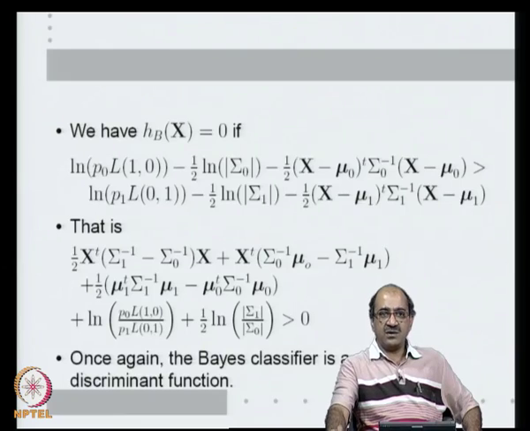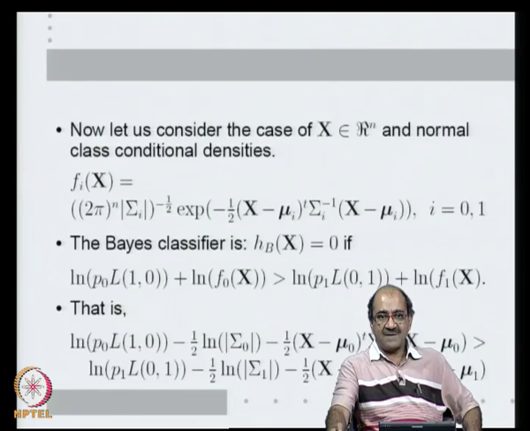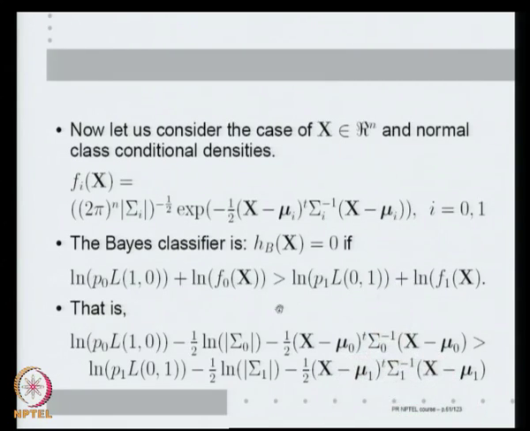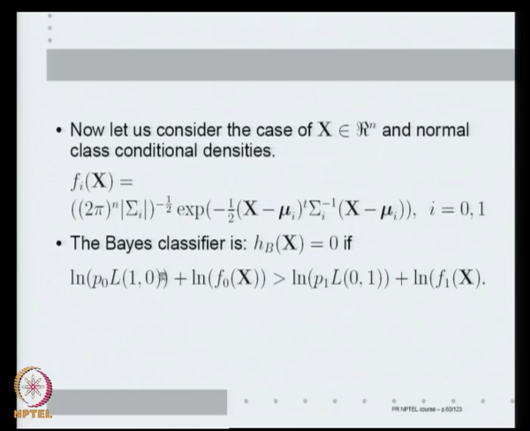If you look at all our derivations, we start with an assumed class conditional density, then we use our basic derived Bayes classifier, h of x equal to 0 if this is greater than this, and then you plug in the expressions for f0 and f1, and then with algebra you can ask what kind of expression this is in x, right. It could be a quadratic expression, it could be a cubic expression, it could be a linear expression. That is how we showed that the Bayes classifier in different cases is either a quadratic discriminant function or a linear discriminant function and so on. Okay.